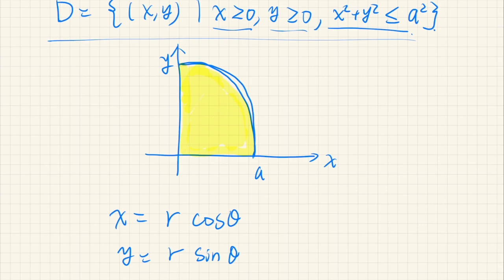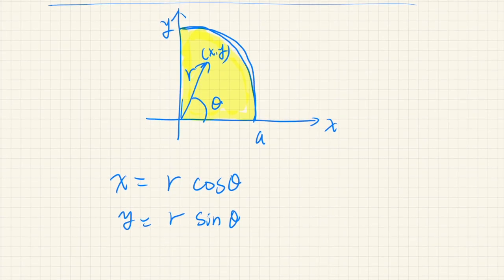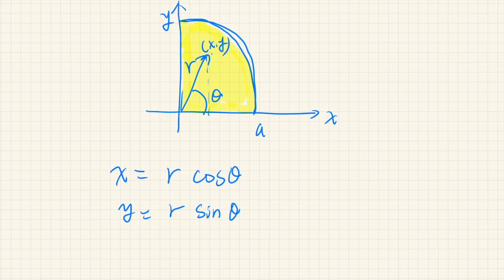Let's see. So let's say this is x and y. This distance from the origin is r, and theta is the angle from the x axis. Okay, in this way, this x can be expressed as r times cosine theta, and the y coordinate is r sine theta.